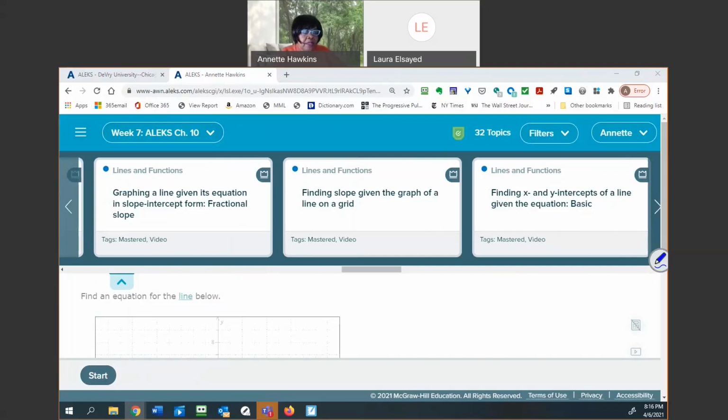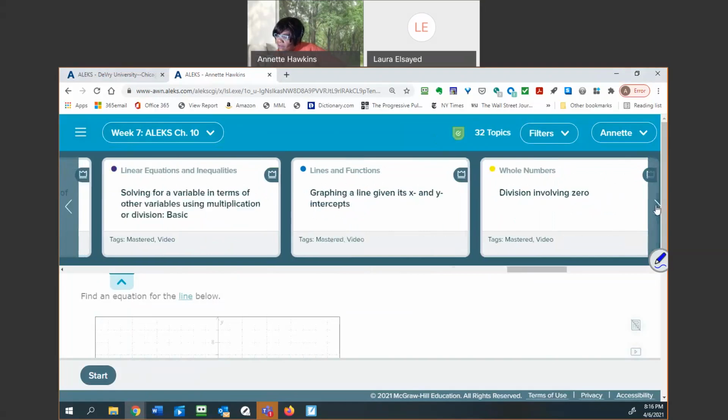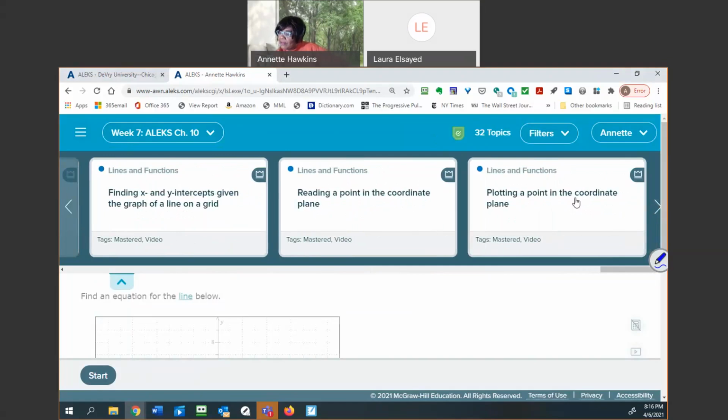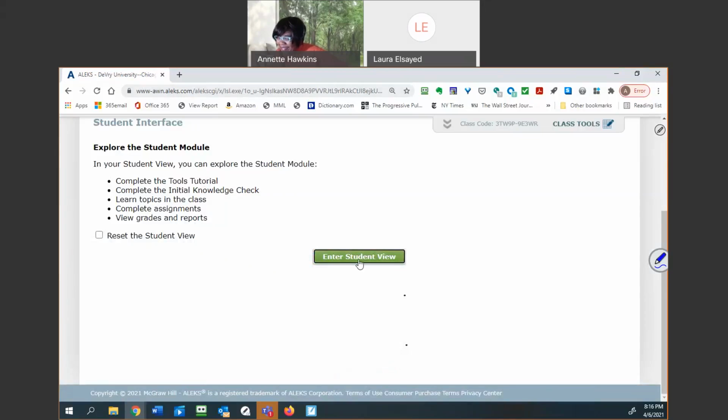Okay, so we wanted to plot a point. So let me see, can I find that? Here it is. Plotting a point in the coordinate plane.